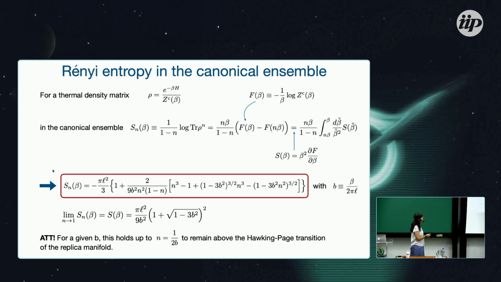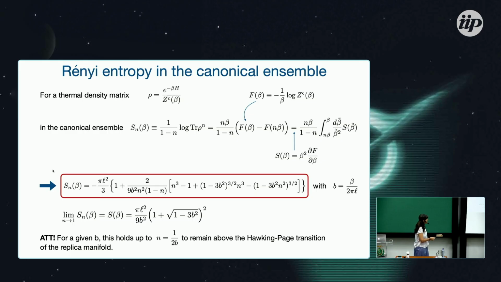Essentially, this n beta you can think of as an auxiliary black hole, or directly in terms of replicas. Just by simple algebra, in 4D we can evaluate it explicitly, and this is the form of the Rényi entropy, as a function of the reduced inverse temperature B that we defined.